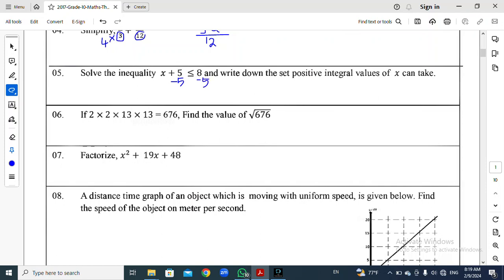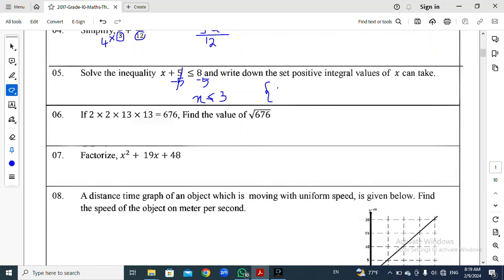Now that's very easy. So now we can cancel these both, and now the x and the same symbol, x is less than 8 minus 5, 8 minus 5, 3. x is equal to or less than 3, so what are the numbers that can be taken for x?